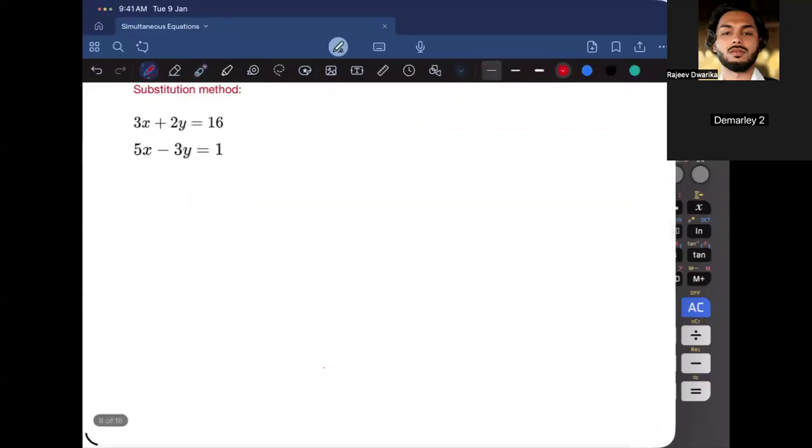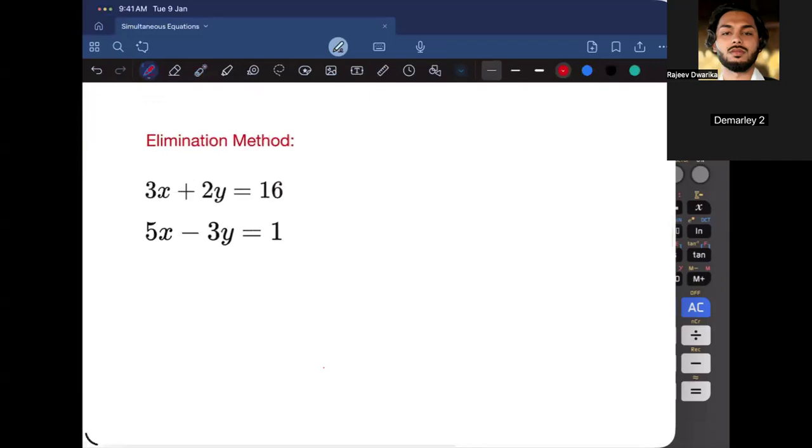Let me do the elimination method first, because I think it's the easier method, of course. And so we want to cancel off x or y. Let's cancel y. Okay, that's going to be a little tough. So we have +2 and we have -3.